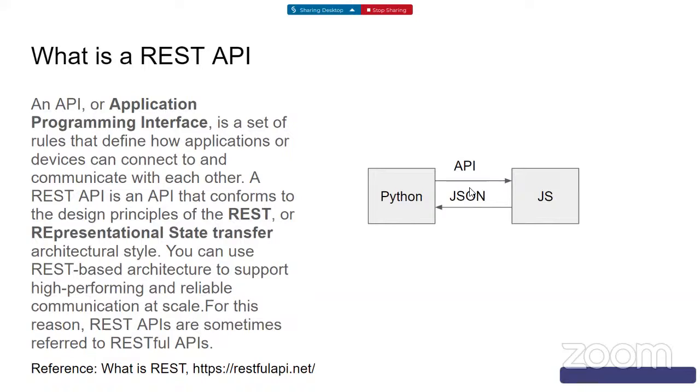So you need some common language to communicate. That's called the API. So right now, usually you use JSON, and in the old time, they used XML to communicate. We are familiar with the JSON format. Basically it's like a dictionary, a pretty thin dictionary.